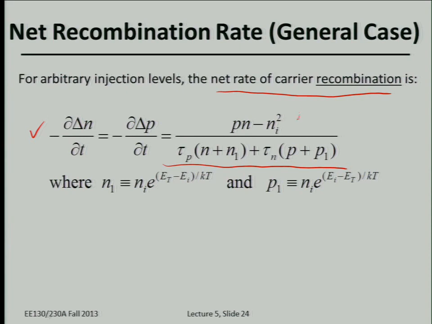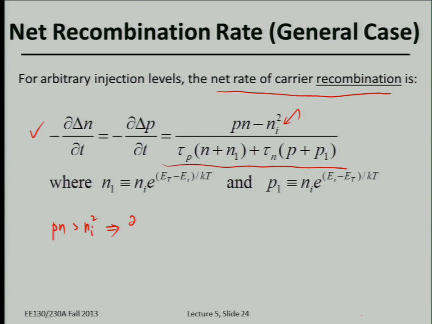If you look at the numerator, as you can see, this tells you about the difference between the N P product and n_i squared. You can imagine, if the product of N P is larger than n_i squared, the numerator becomes positive, right?